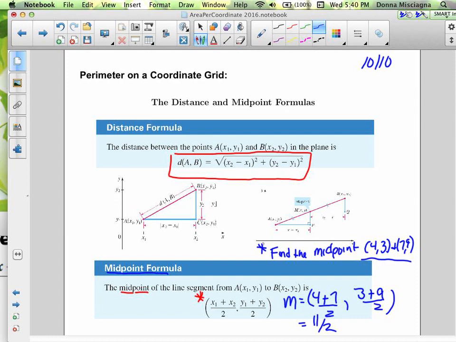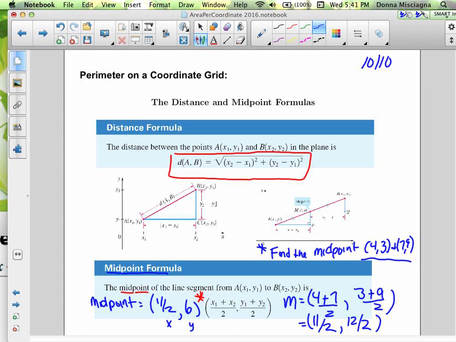And 3 plus 9 is 12, and that we should simplify. So our midpoint was 11 halves as the x coordinate, and the y coordinate is 6.